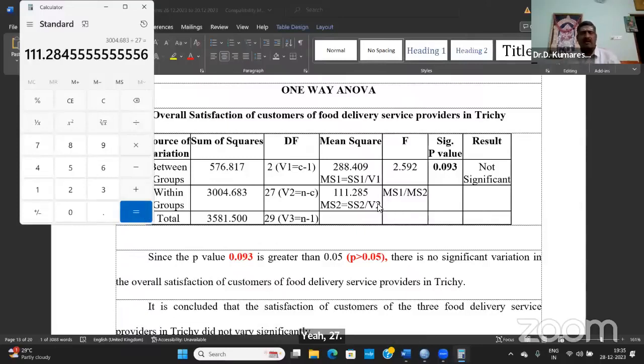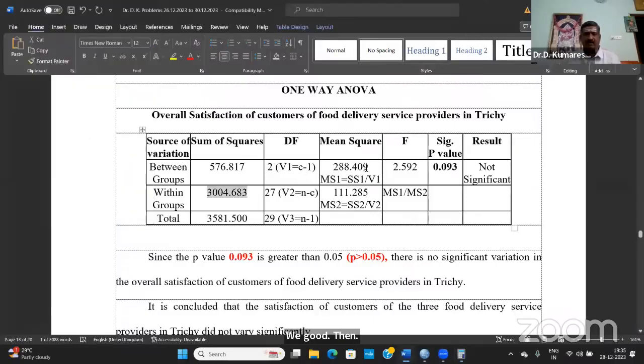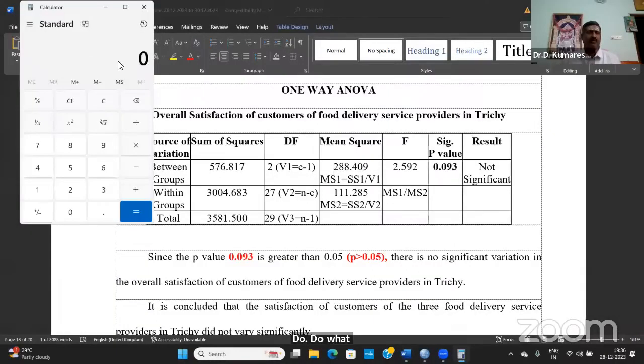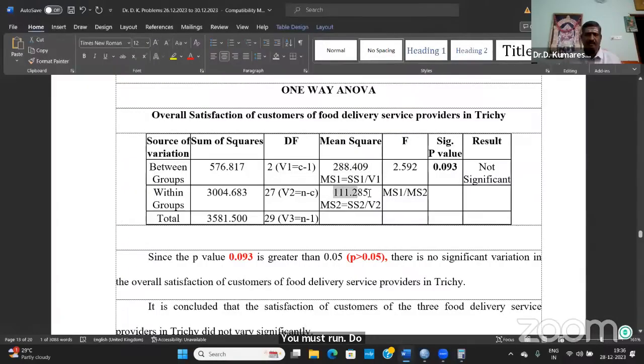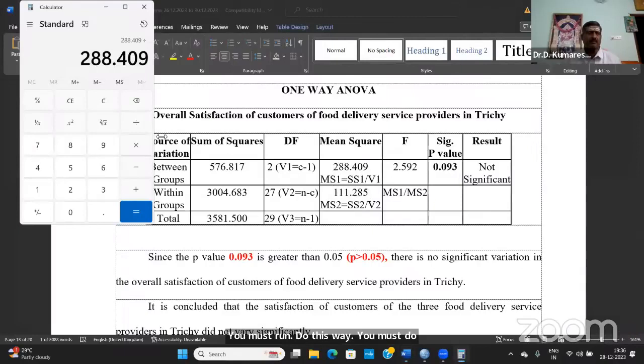We get 111.285. Then MS1 divided by MS2 gives 2.592.